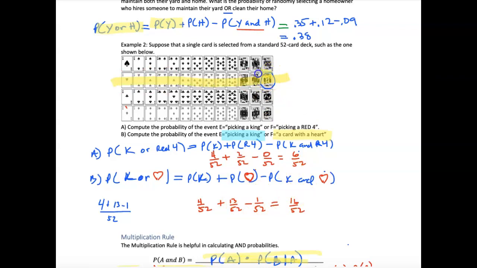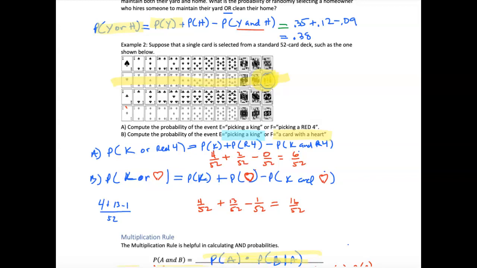And then there is one card right here, you can see me circled, that is a king and a heart, and so you subtract and you get 16 out of 52.